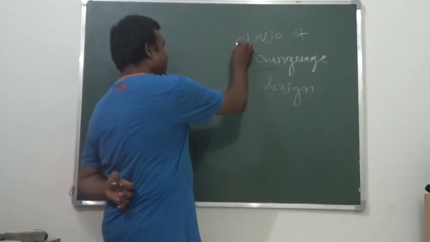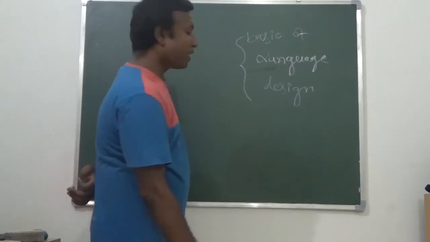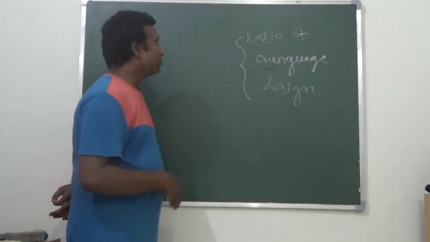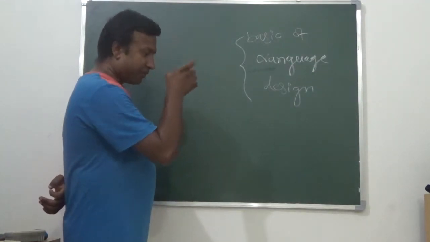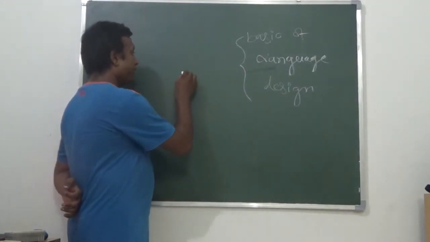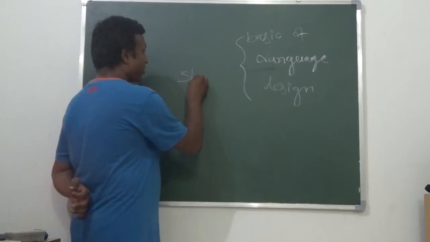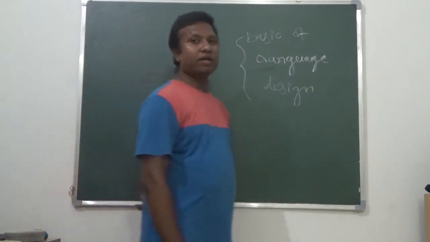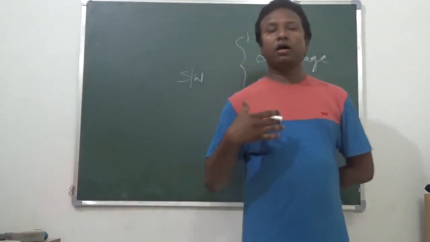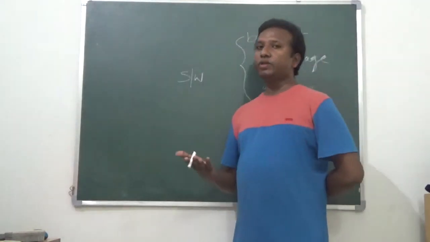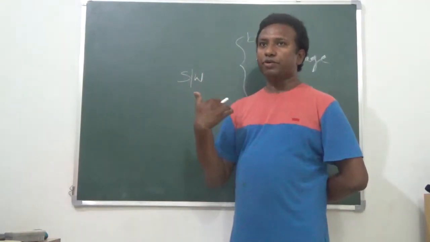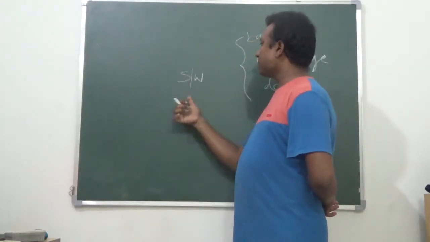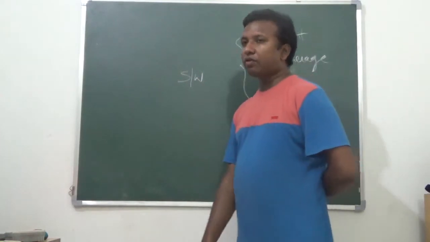Why is this theory required? Why are we focusing on the language design course? In the previous video, I also mentioned one point: software is required for the end user, because if they want to communicate with the computer system, they require some kind of software.